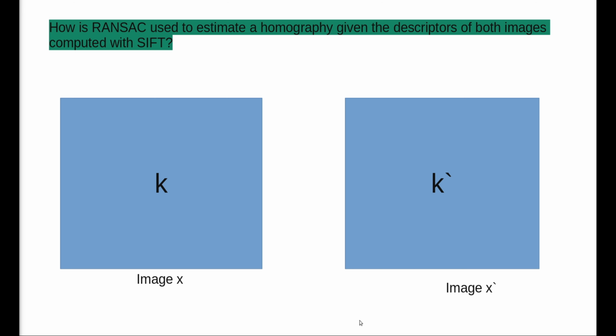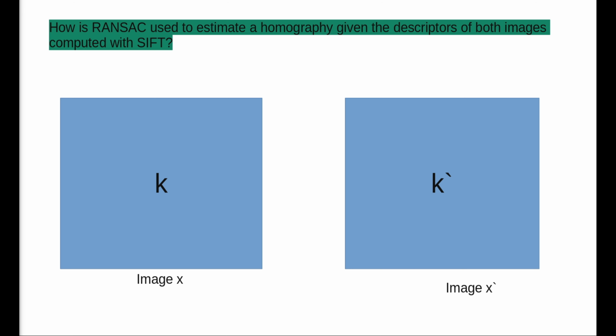The feature vectors give a way to tell whether k and k dash are good matches. That is, for each k, we look for a good match, which is a k dash from x dash that is significantly closer to k than any other key point in x dash. And the set of good matches forms a set of possible inliers.